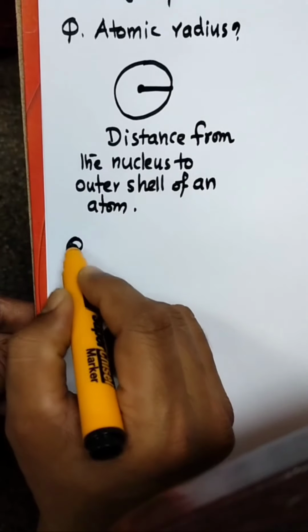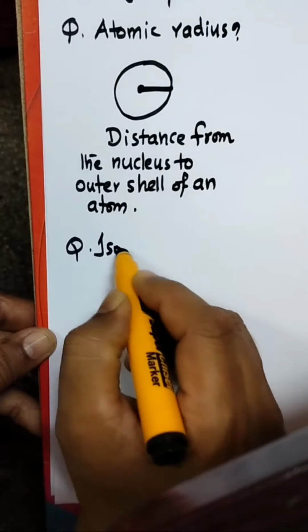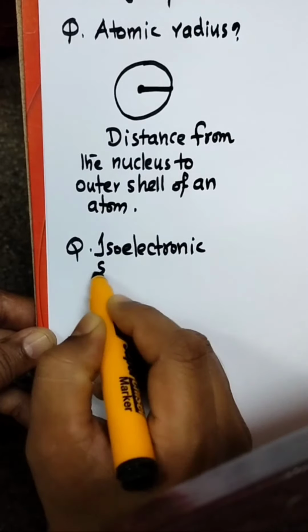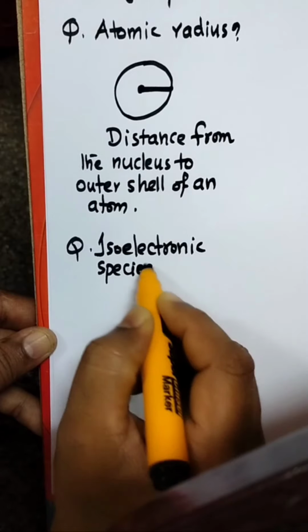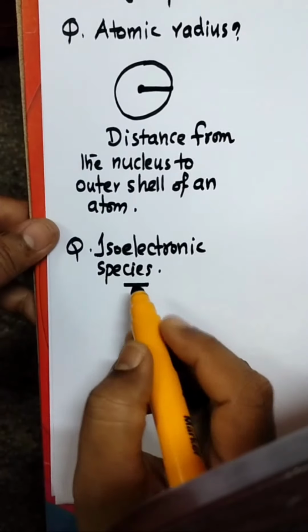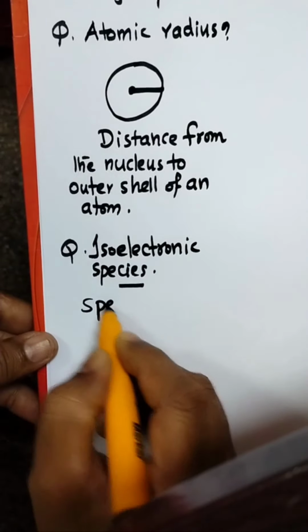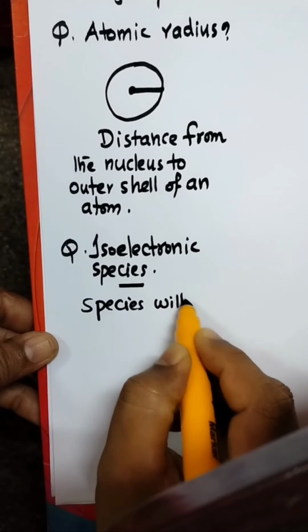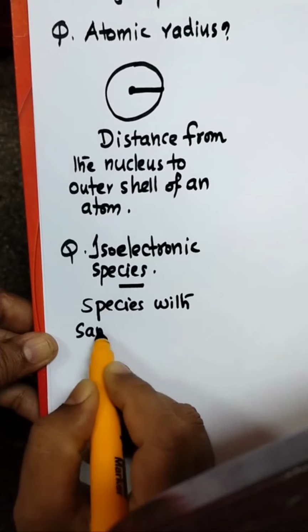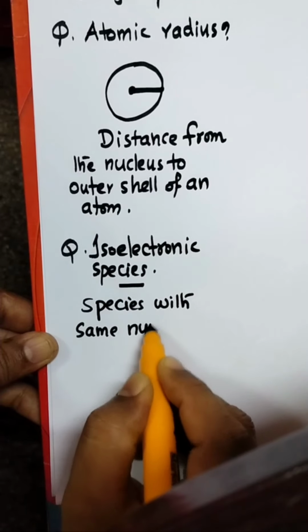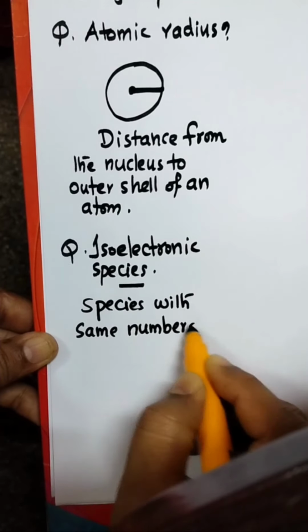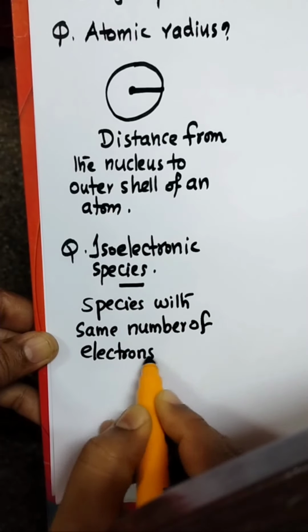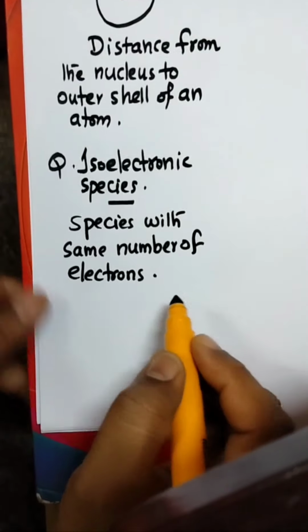Then last question, isoelectronic species. Species with same number of electrons are called isoelectronic species.